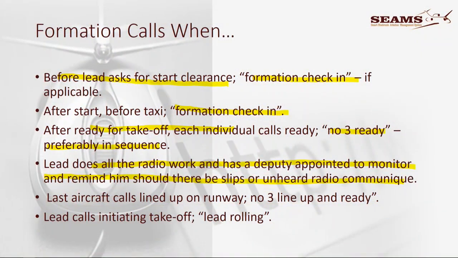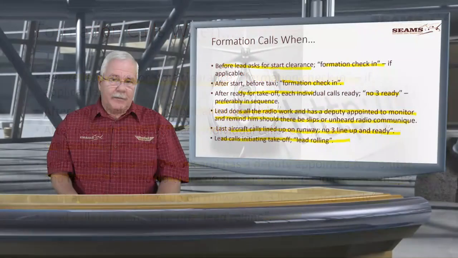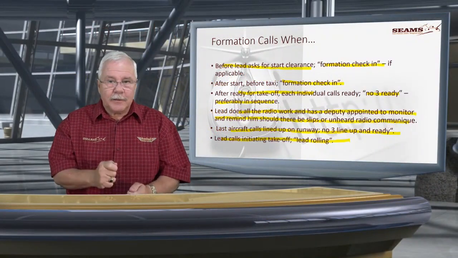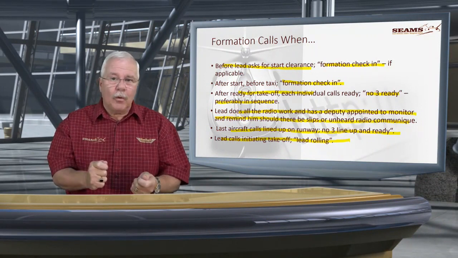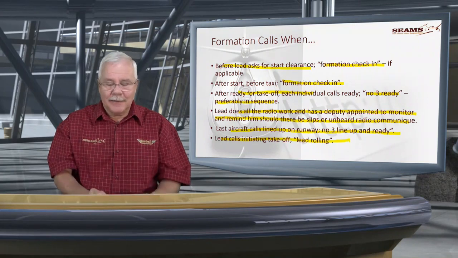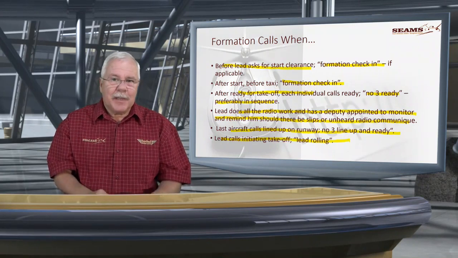Right, last aircraft calls lined up on the runway, ready, and then the lead will just say, lead rolling. All right, so last one is up. Depending whether you're going to open up to full throttle and then release brakes, I don't suggest that in the beginning.